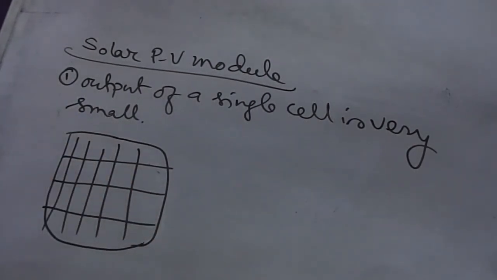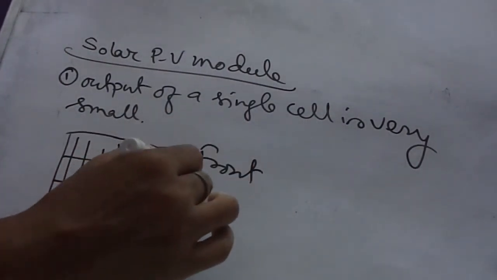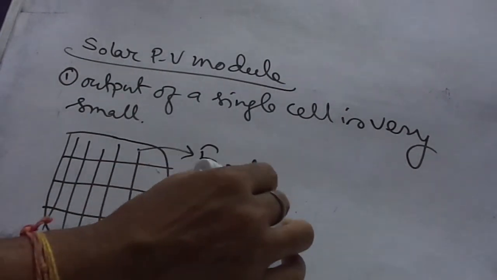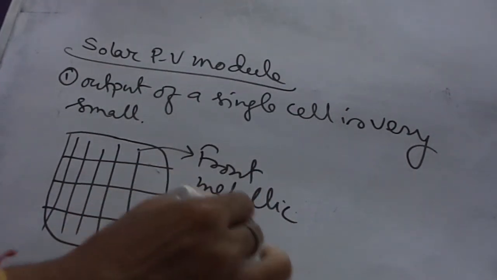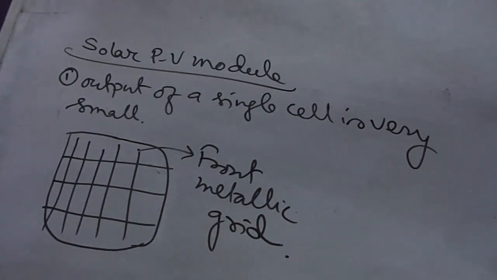That one is the front metallic grid, and that one is the single crystal cell.